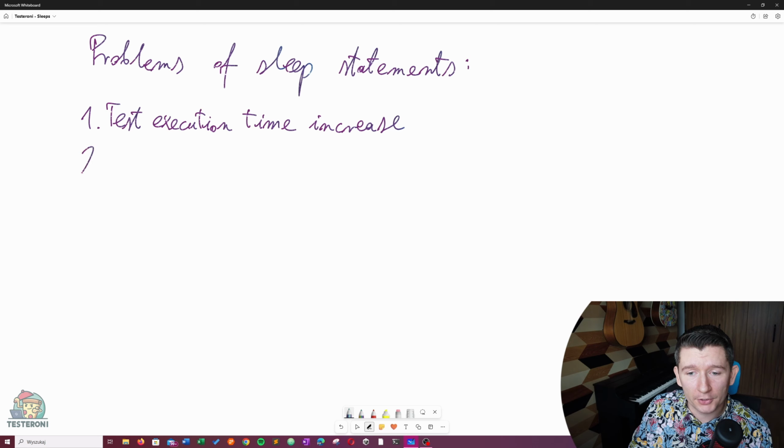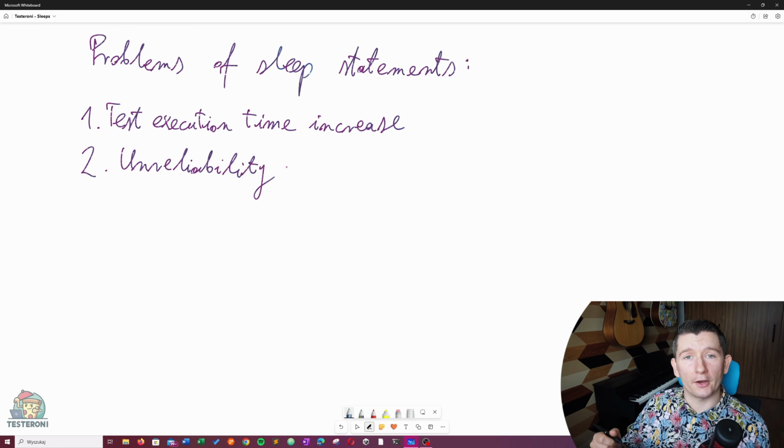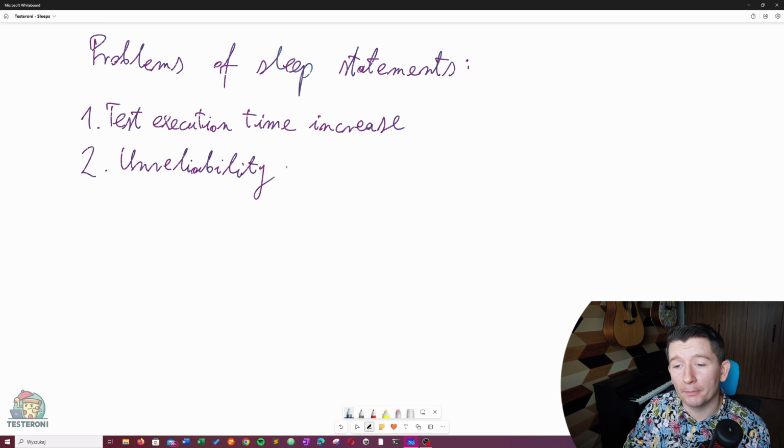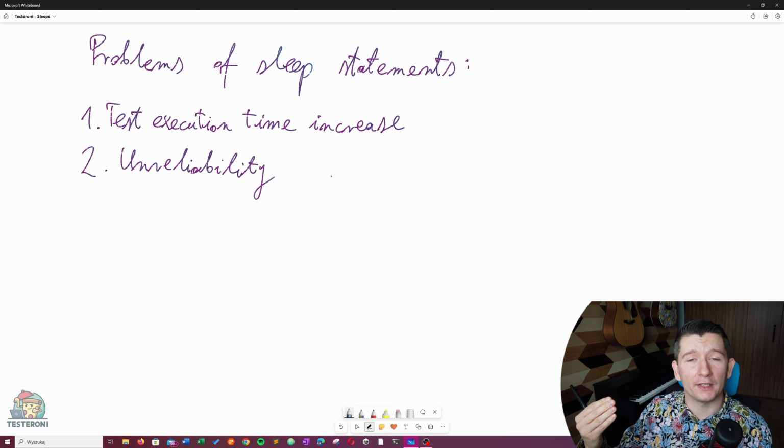So we have number 2, which is unreliability. This ties a little bit into the test execution time increase. Because you have a predetermined waiting time, it's not going to be universally correct. You may think that the problem comes only from one side, that you overestimate it and the test automation framework may run for longer than it should because of that.